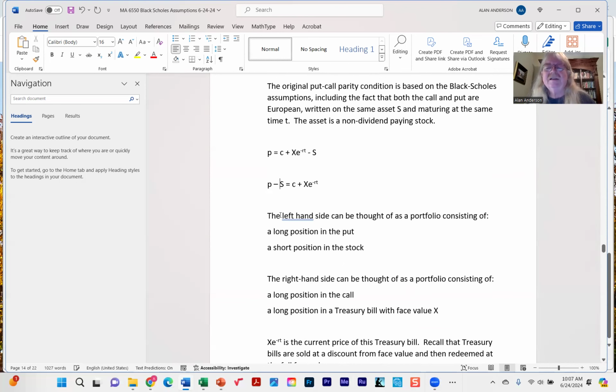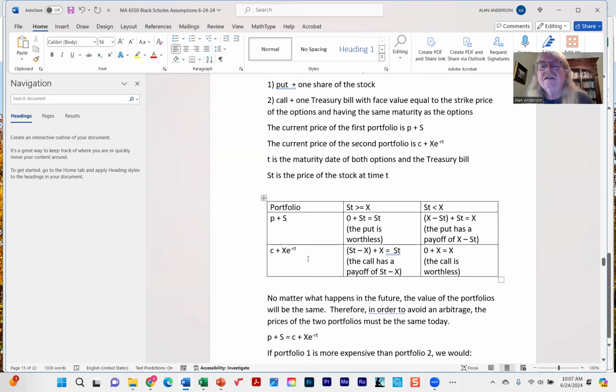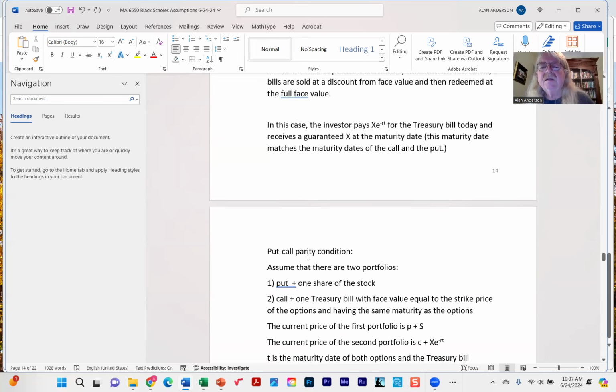Oh, I'm sorry. Look at this. I made a dumb algebraic mistake. P plus S equals C plus X e to the minus RT. So P plus S is the first portfolio, and C plus X e to the minus RT is the second portfolio.